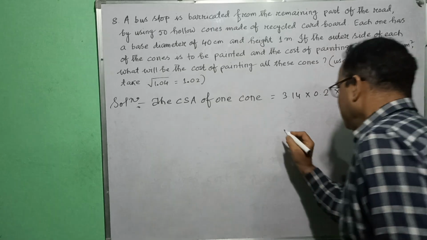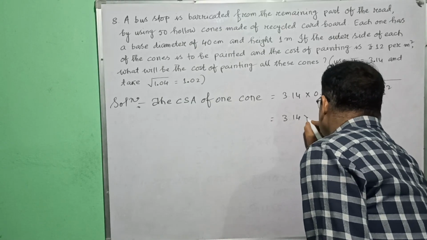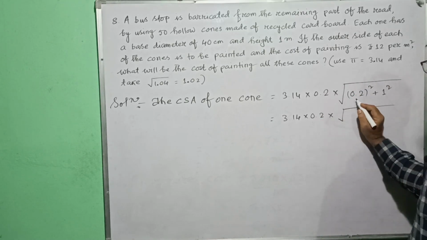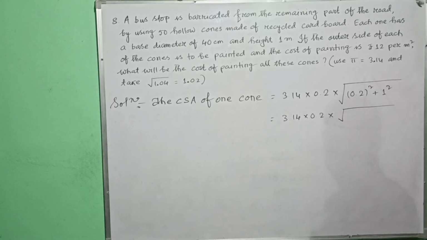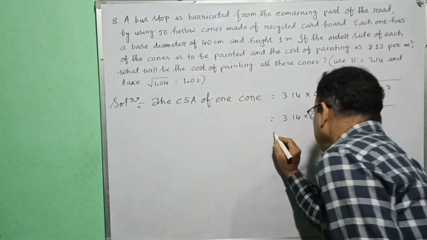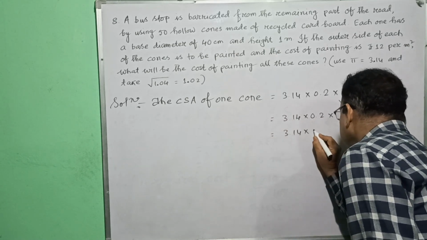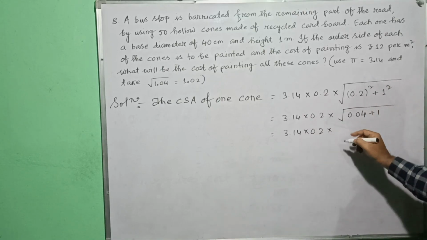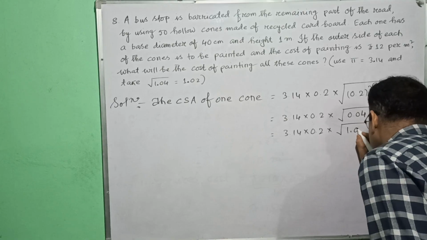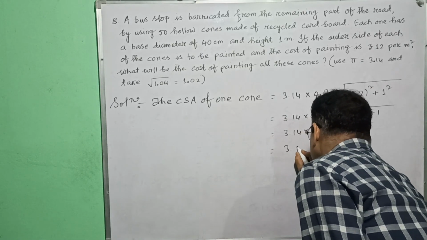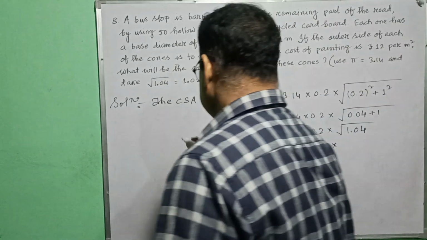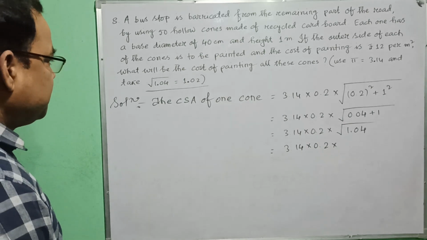So 1 square equal. So 3.14 into 0.2 into square root of 0.2 whole square equal to 0.04, plus 1 equal. 3.14 into 0.2 into square root of 0.04 plus 1 equal to 1.04. 3.14 into 0.2 into, you can see here the value is given, square root of 1.04 equal to 1.02.